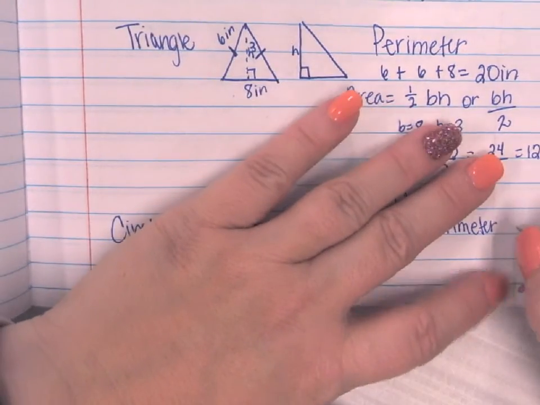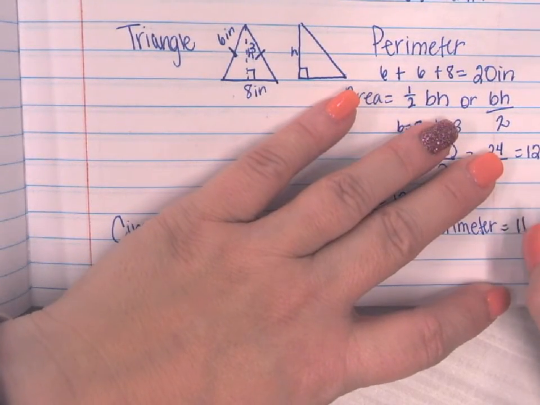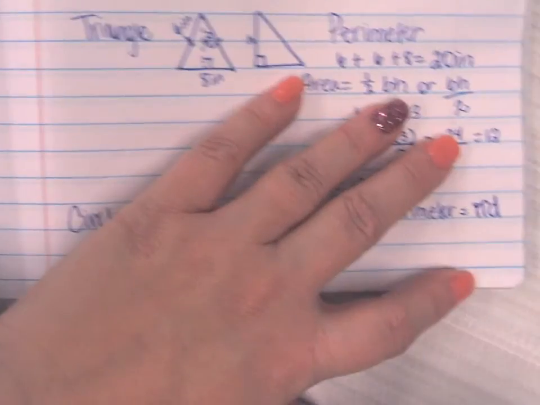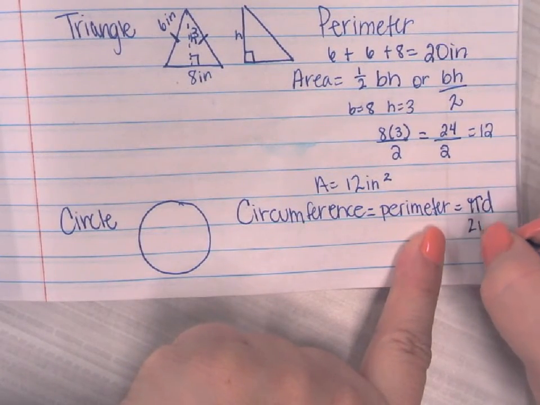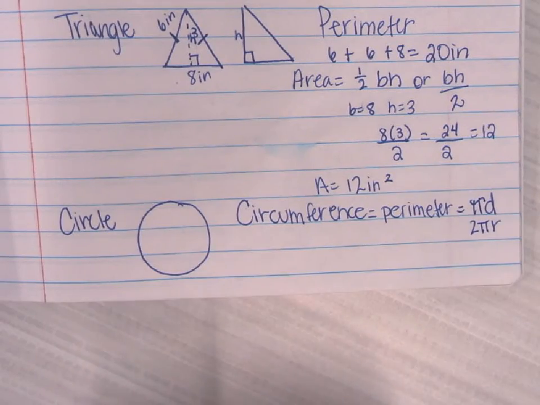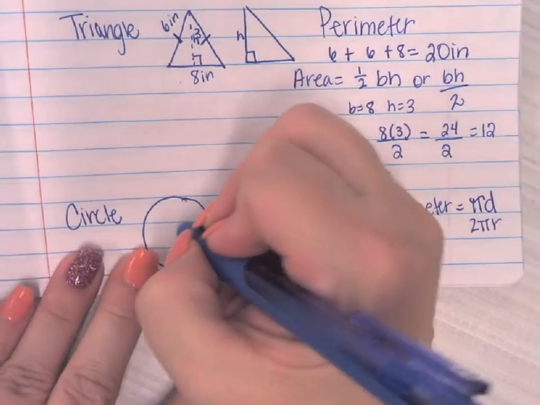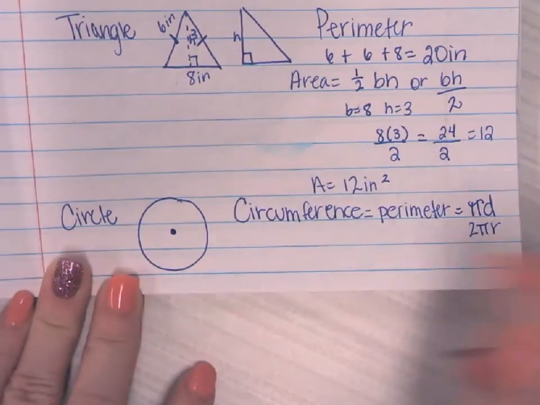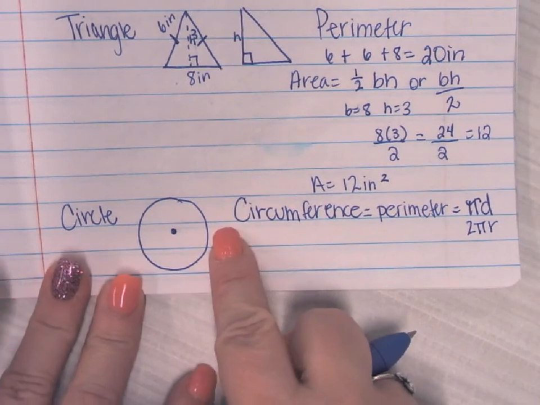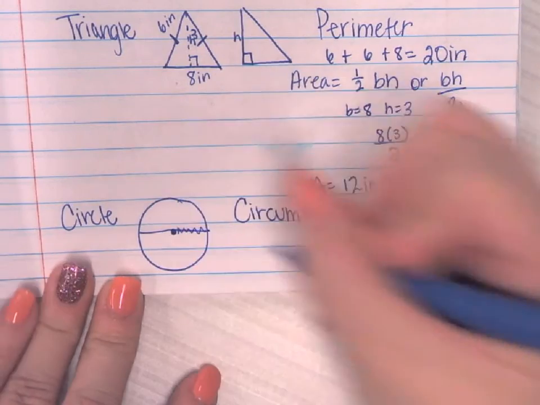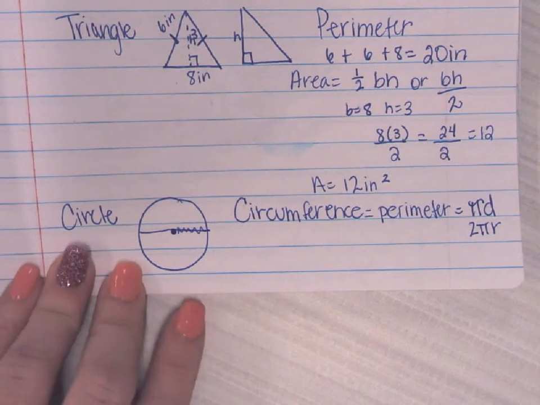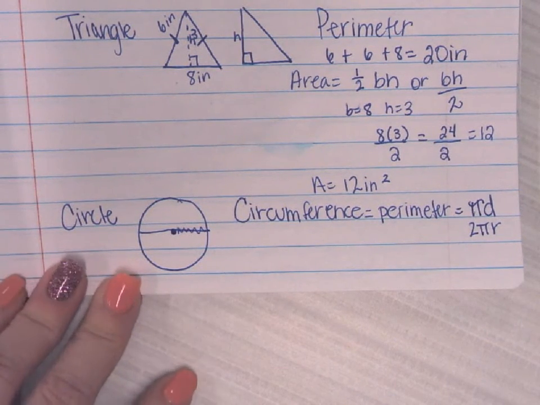And it is found by pi times diameter, or 2 pi r, depending on if you get the radius or the diameter or which you prefer. Remember, the diameter is all the way across the circle, and the radius is half of that. Halfway is the radius.